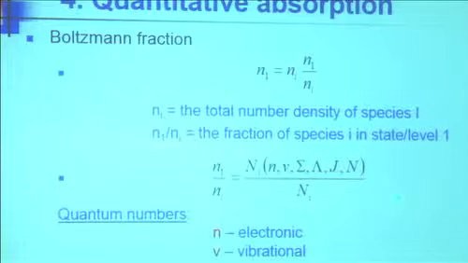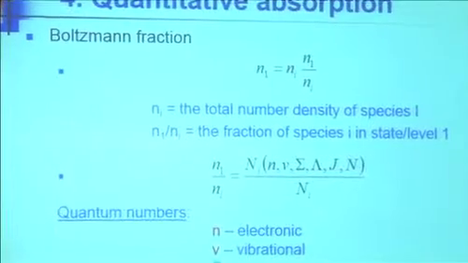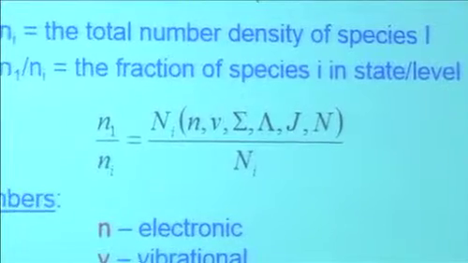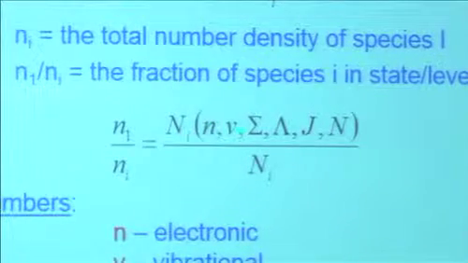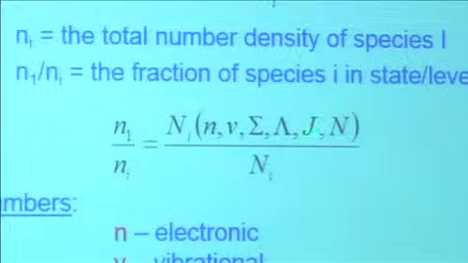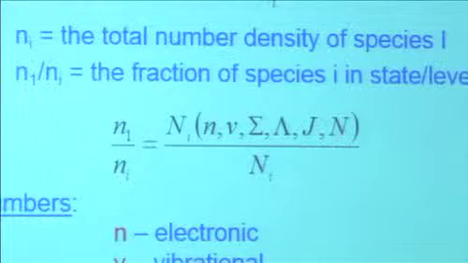Here's where the trouble is. The fraction in that level depends now on several quantum numbers: the electronic state, the vibrational level, the value of lambda, and delta, and J, and N. I've got to be careful about these things because I'm trying to identify the fraction in this level, and by this level, I mean the one for which the only remaining degeneracy is 2J plus 1.